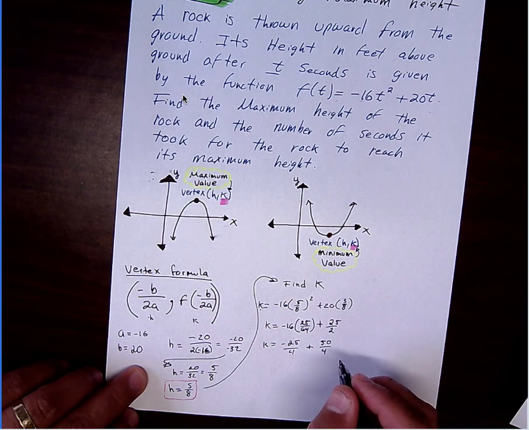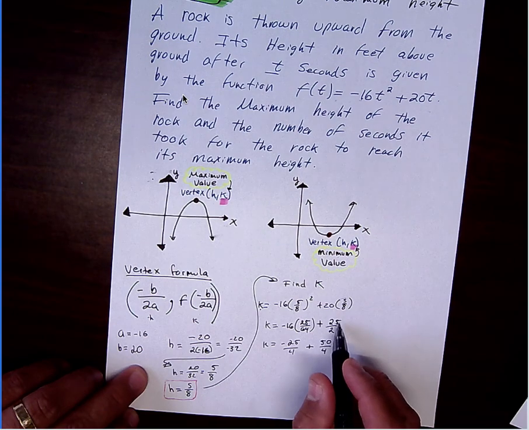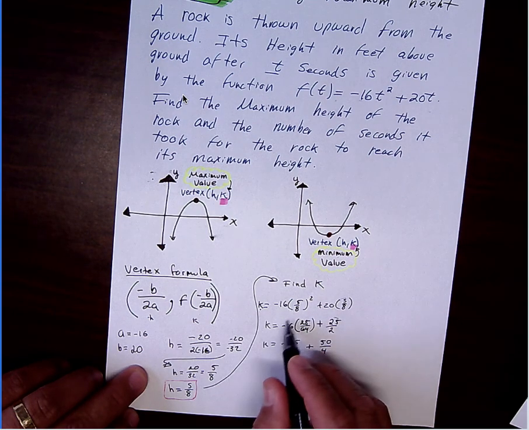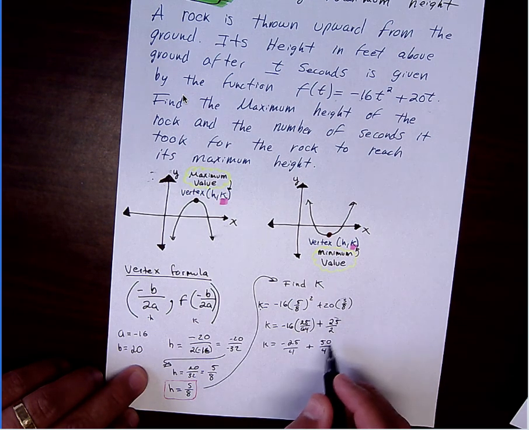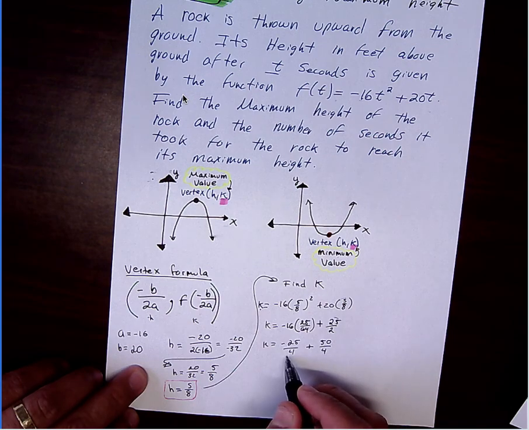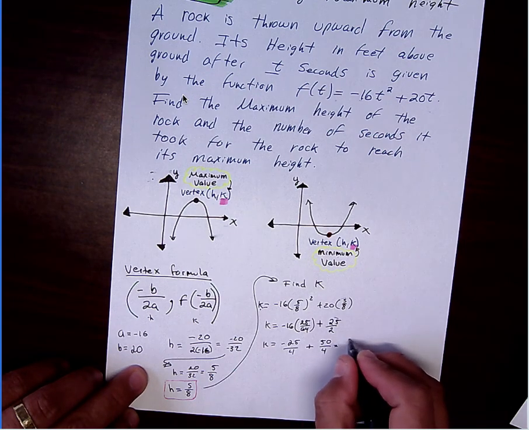I'm just adding this. If you want to put it in the calculator, that's fine. I found the common denominator here, and it's going to give me 25 over 4.